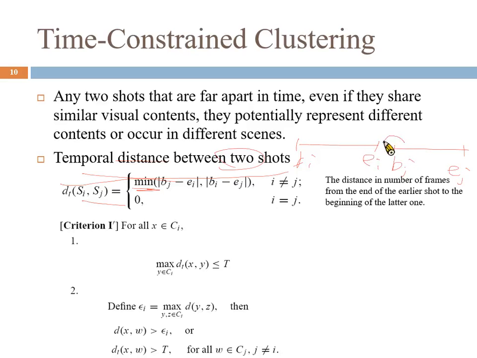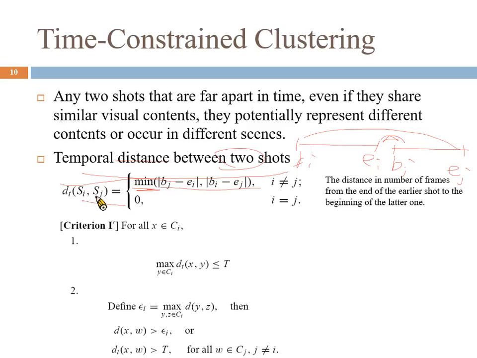Bj minus Ei is this distance, and Bi minus Ej is this distance, and we take the minimum to be the temporal distance between these two video shots. We write it this way because we don't know whether Si or Sj appears first.